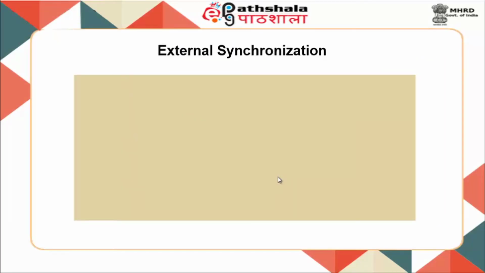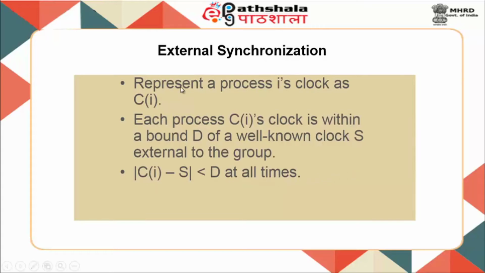So, first we are going to look at external synchronization. We represent a clock using a value C_i, where i is the number of the process for which we are stating the clock value. Each process's clock value should be within a specific bound from the well known external clock.